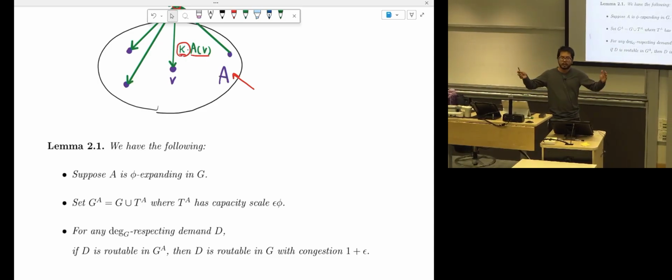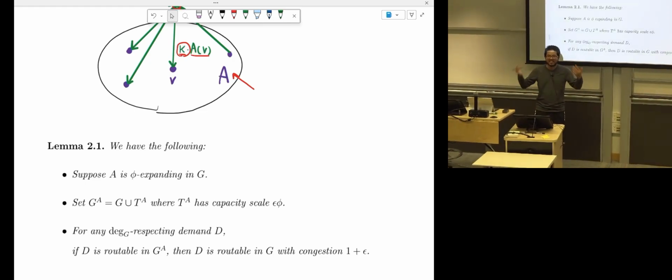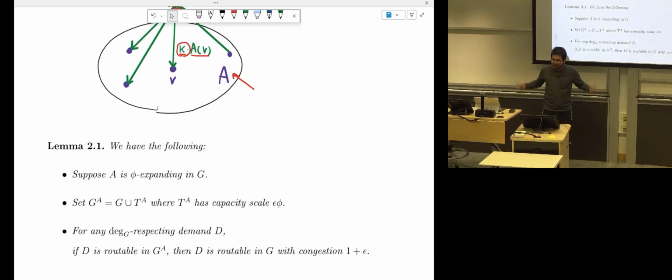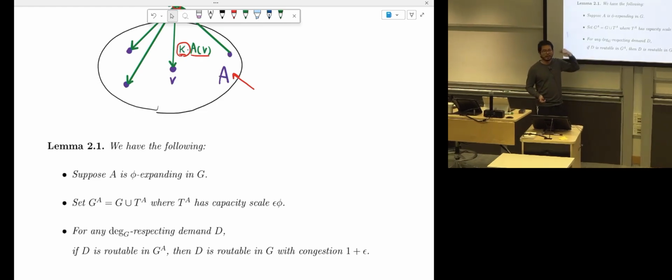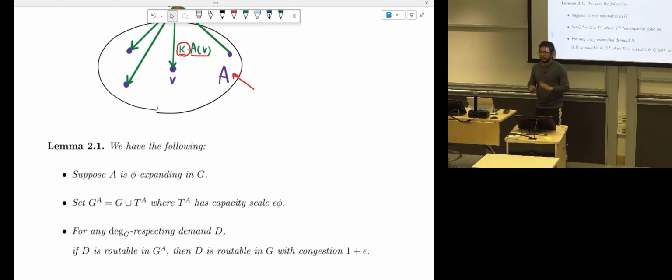So first note that when you have a graph and you add a star, it only increases routability, right? You just add a star. But here it says that it doesn't increase a lot. Whatever you can route in the shortcut graph, you can still route in the graph with basically the same congestion. That's what it says.